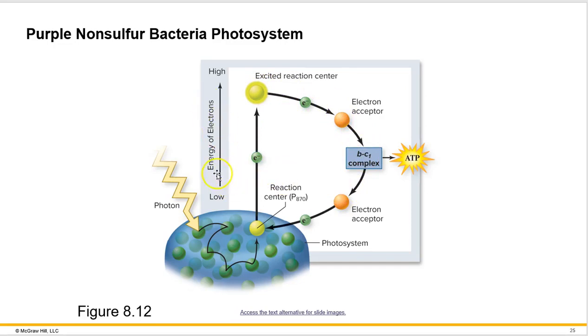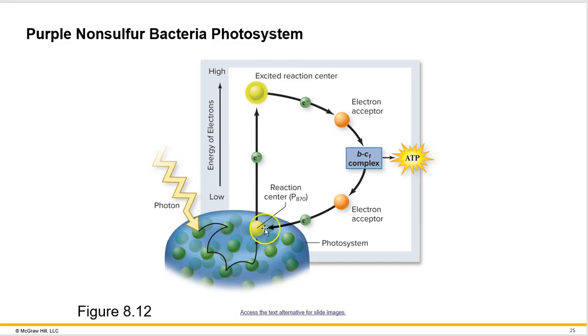This is kind of like a graph, so if we're up here, we're talking about high energy. As the electron moves, it releases energy. It drives some ATP production because it's releasing energy to do this. And those electrons get passed back to the same photosystem.